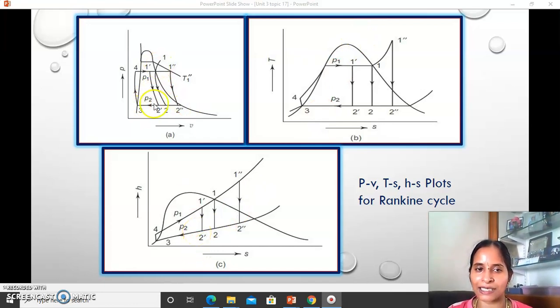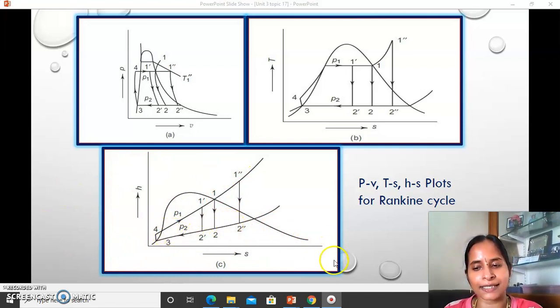Not in HS diagrams. And for another remembrance purpose, the PV diagram will be like a straight line going deep down, but the TS diagram will be exactly the same shape, reversed. But in the HS diagram, a small inclination towards the left side would be coming, and you can also follow the Mollier chart for drawing the HS diagram.